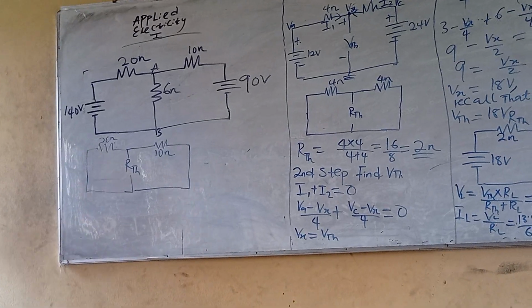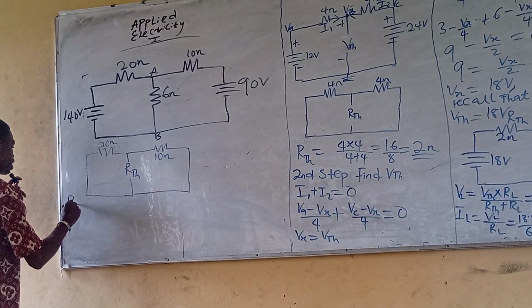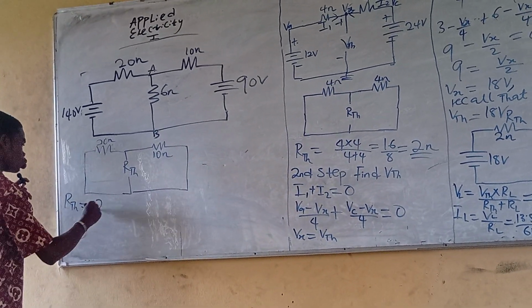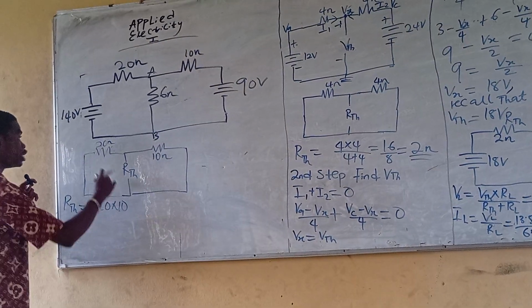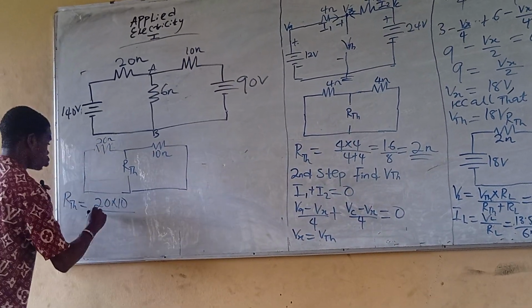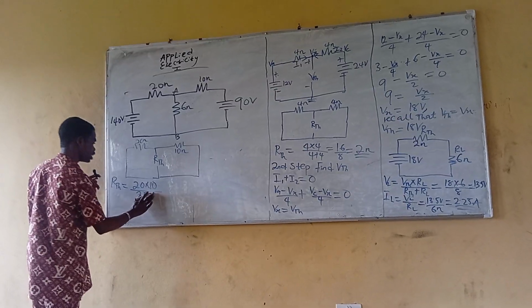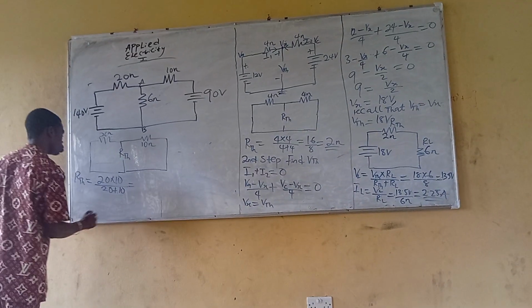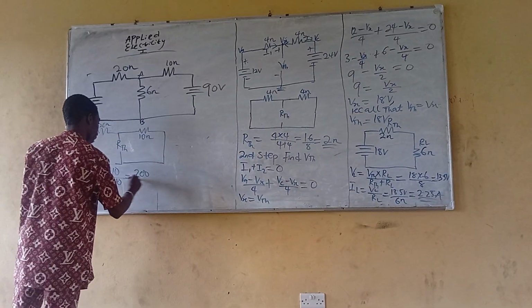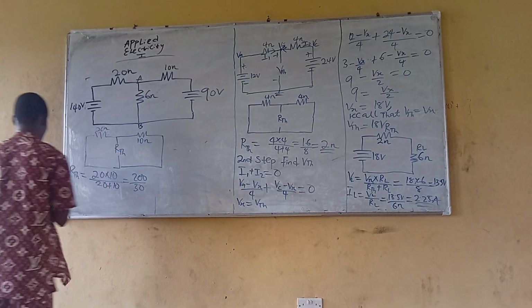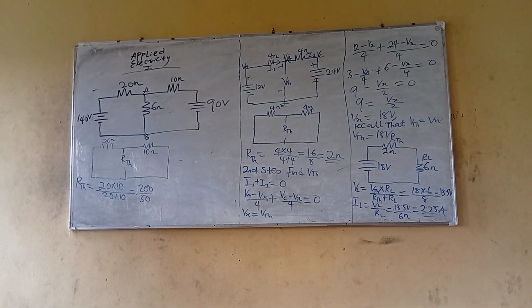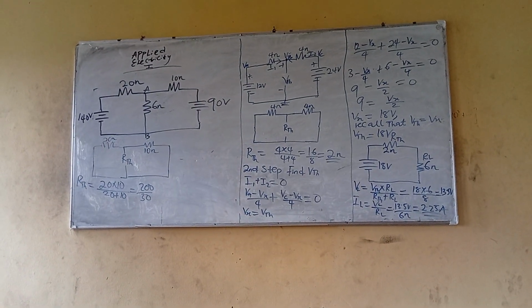So now we are ready to find RTH. RTH will be equal to 20 times 10. They are in parallel, as you can see. So 20 times 10 divided by 20 plus 10. This is going to give you 200 divided by 30.